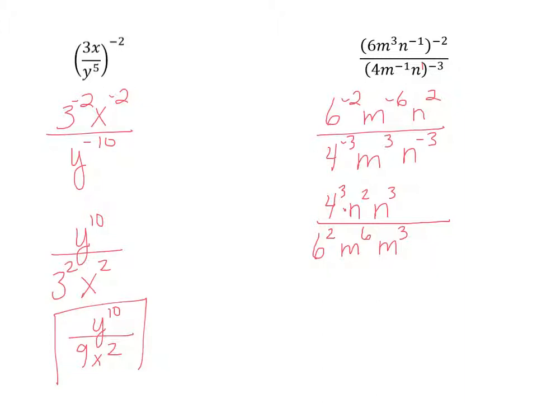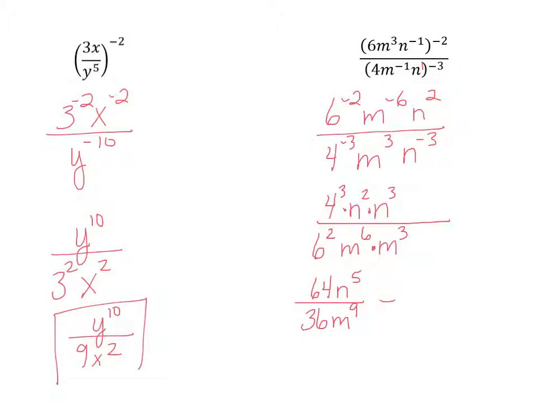So a 4 cubed, 4 times 4 times 4, that's a 64. And then I have an n squared times an n cubed. Just add those all up, I end up with 5 n's up on top. On the bottom, I have a 6 squared, that's 36. And an m to the 6th times an m to the 3rd should get me an m to the 9th.